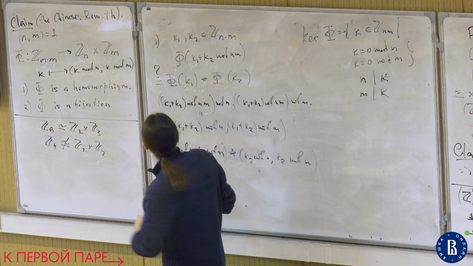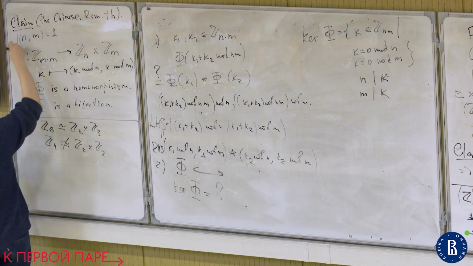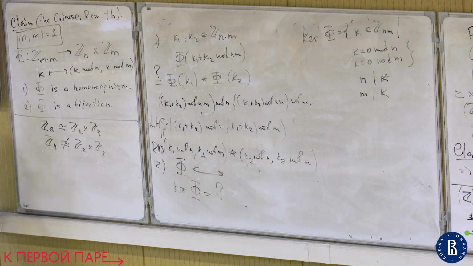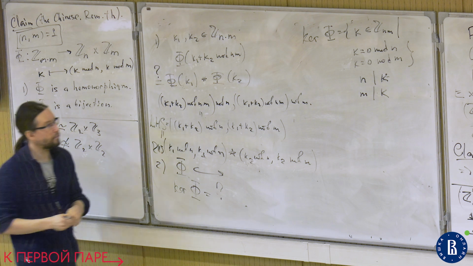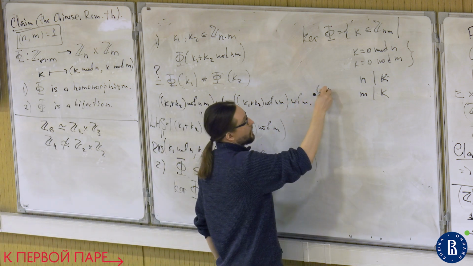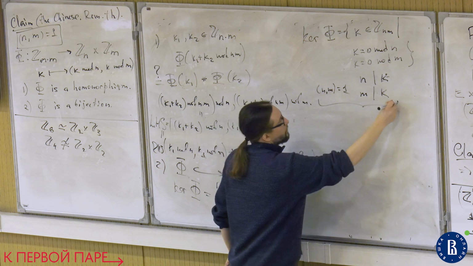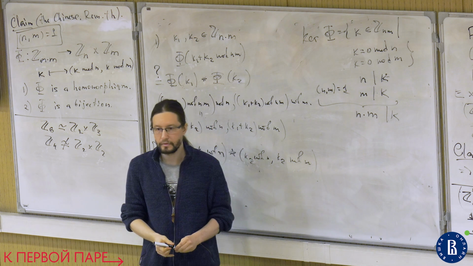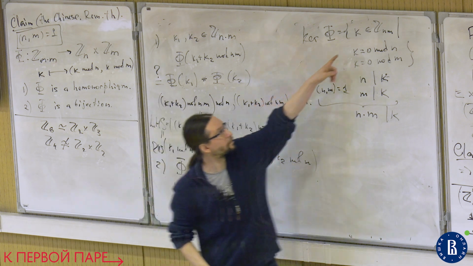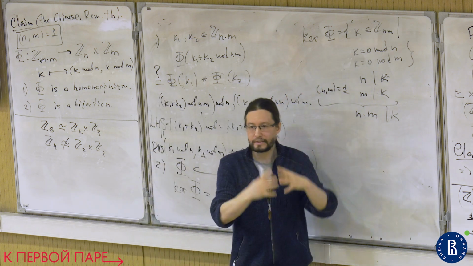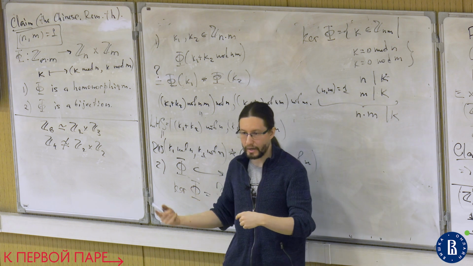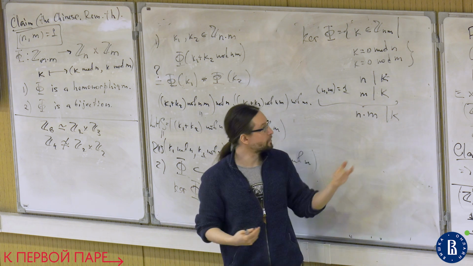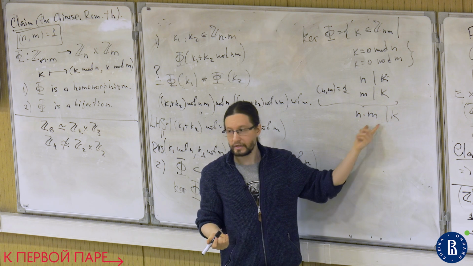So now we use the fact that n and m are coprime. Since n and m are coprime, their product divides k. But k was a remainder, a number between 0 and n times m minus 1. So it's divisible by n times m if and only if it's 0.